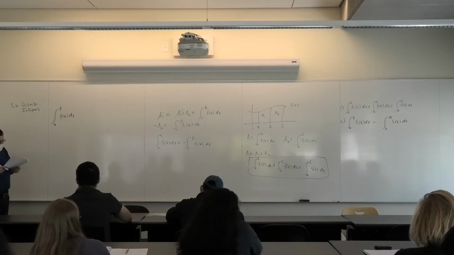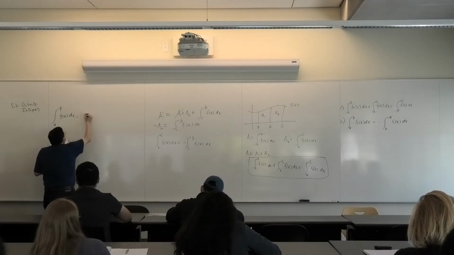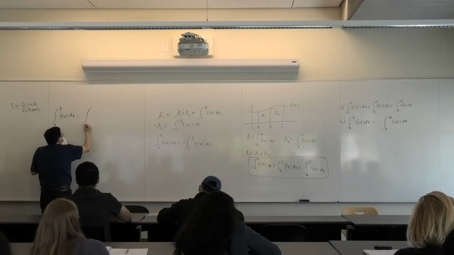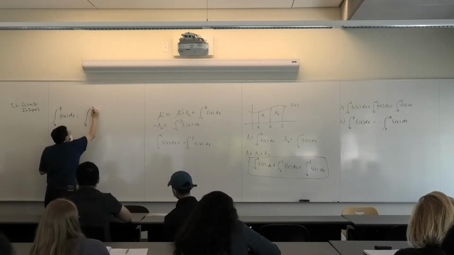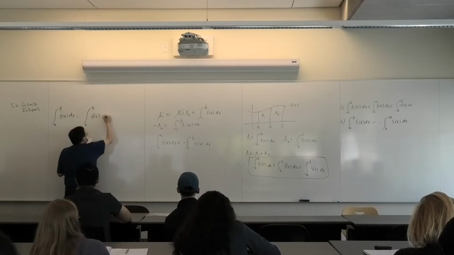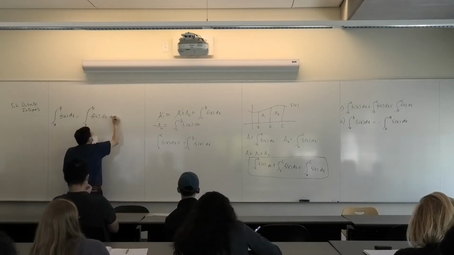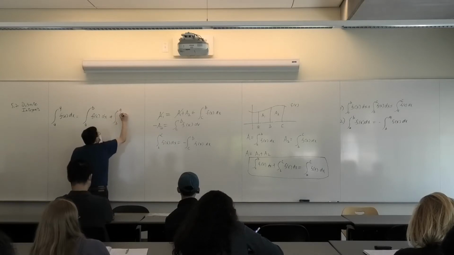But we're going to do a little sleight of hand here. This is the integral from A to B. I just pick some arbitrary B. Plus the integral of B to A.